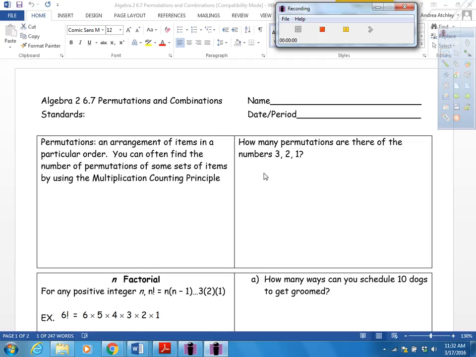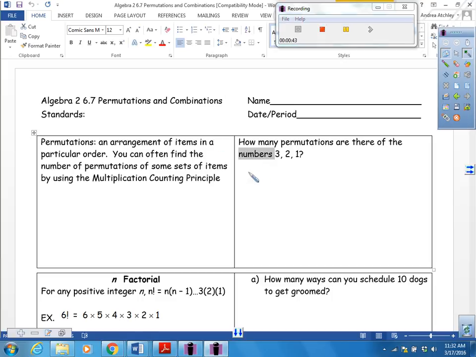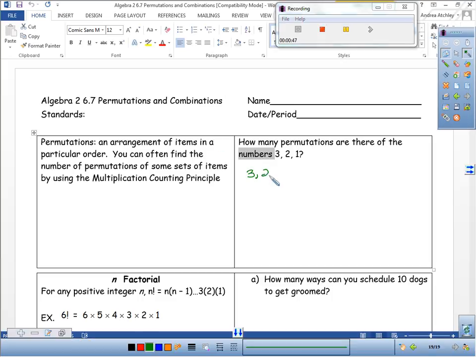How many permutations are there of the numbers 3, 2, 1? So how many different ways can I arrange 3, 2, 1? Let's try it. We can do 3, 2, 1. We can do 3, 1, 2.